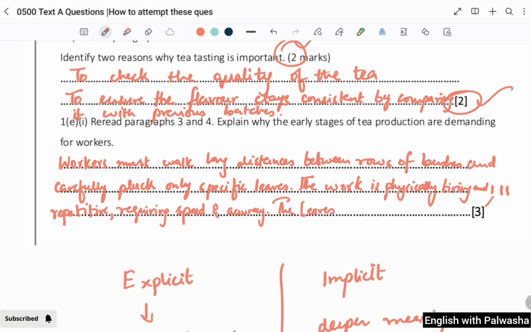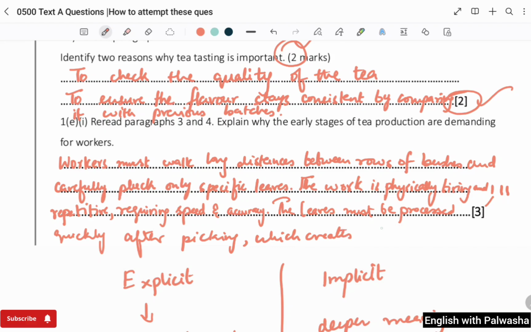If that's fine if you're exceeding the line. The leaves must be processed quickly after picking or after gathering, whatever word suits best, which creates time pressure, right? So these are my 3 points which I have mentioned, and I have secured all 3 marks.